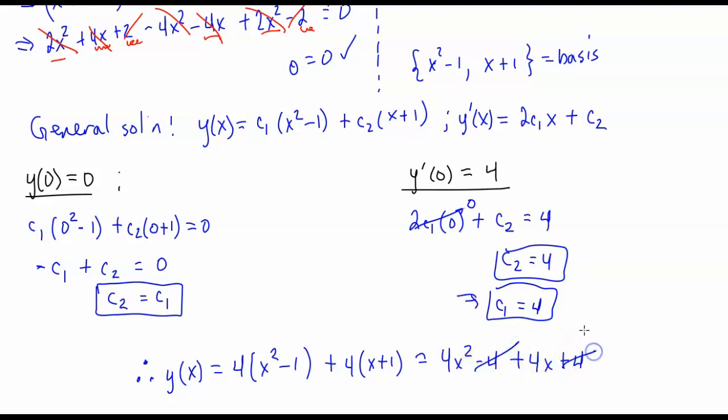And these two terms cancel. So I would just have 4x squared plus 4x. And that would be my particular and unique solution to this differential equation under these two initial conditions.